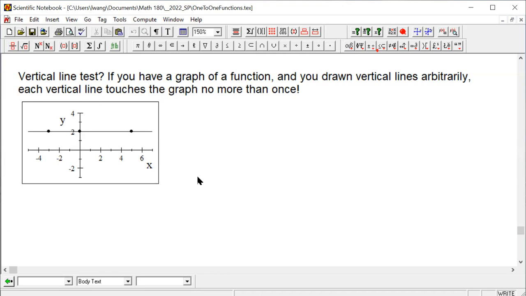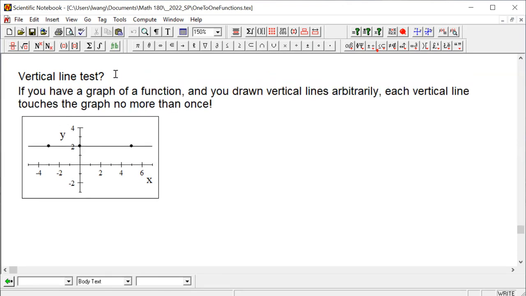Horizontal line test. So vertical line test is to test whether it is a function, to test if a graph is a function. You can see how it is related to the definition of function.